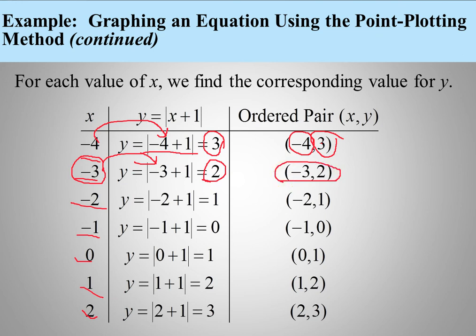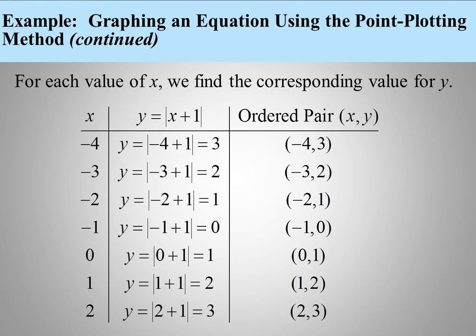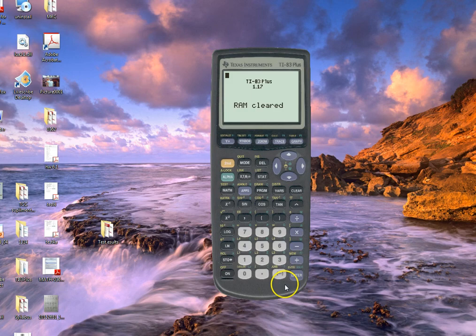Now if I want to do this in my calculator, how would I do that? Let me erase this. Here I have my calculator. I'm going to clear this. Remember, I'm trying to graph y equals the absolute value of x plus 1. I'm going to go to Y=.